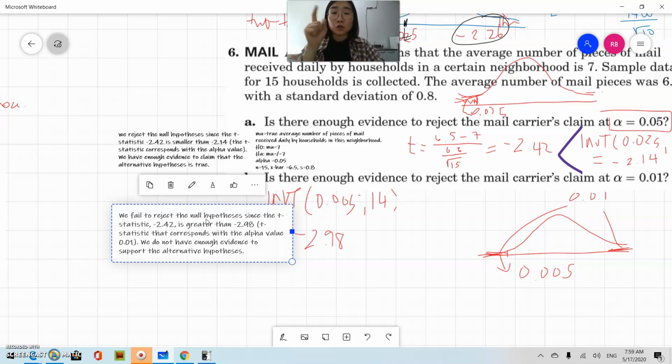And if your t value is greater than the alpha t value, then you fail to reject the null hypothesis. If your t statistic is smaller than it, basically kind of like a critical t value, then you reject the null hypothesis. I hope this makes sense.